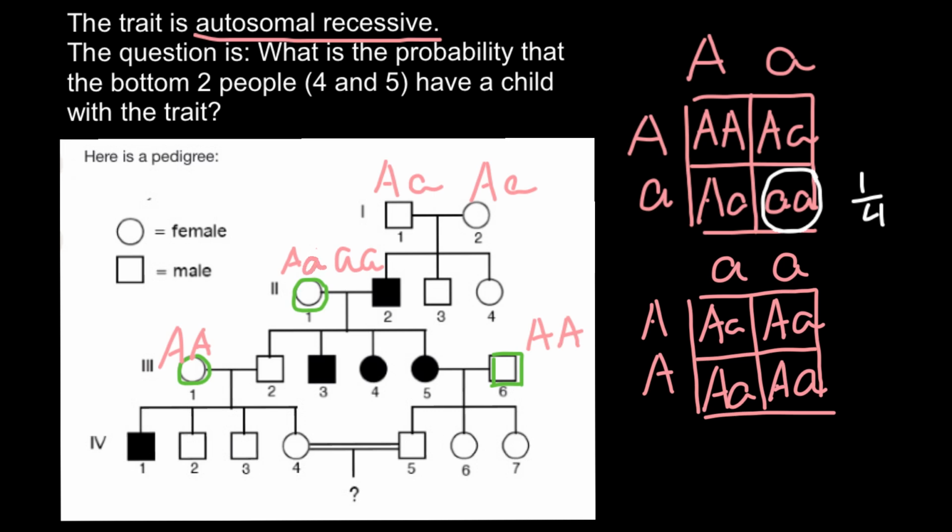So in this scenario, if this female is heterozygous, with capital A and small a genotype, that gives us 50% of the progeny having to be homozygous recessive.